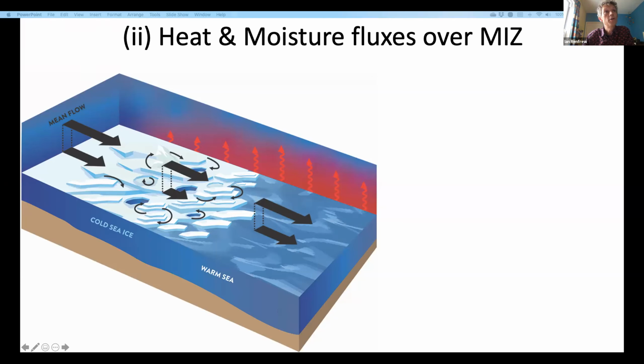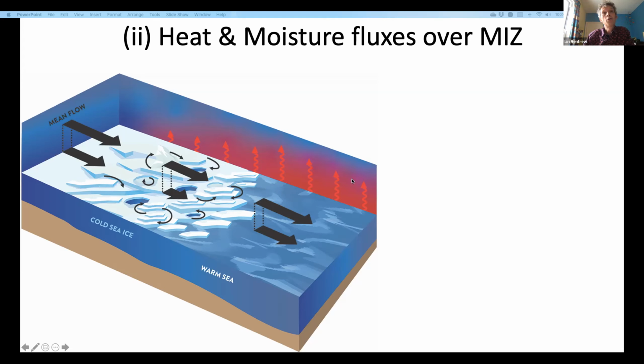So you can see that over the sea ice, we've got pretty small amounts of heat and moisture fluxes. But as you move through the marginal ice zone, these pick up because you've got some open water areas, some leads and polynyas. You typically get a peak in the heat fluxes just off the ice edge when you've got the coldest air and no insulation from the sea ice.